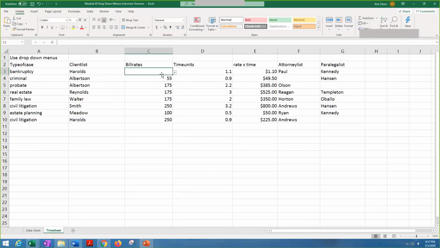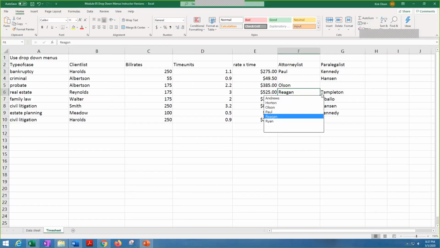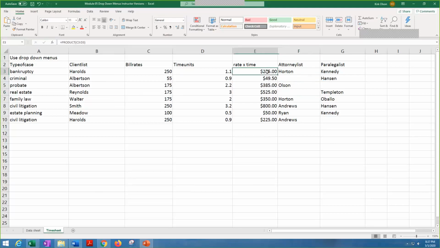If one of these names is not supposed to be on the list, then go below the list and select nothing. Or if a different name is supposed to be there, use the pull down and select a different name, okay? Do not recalculate these. These are already set up by formulas. Change the bill rates or the time units if there's a mistake.